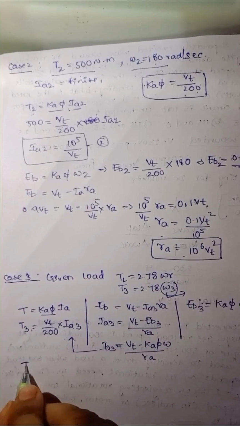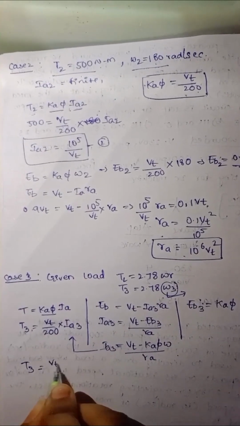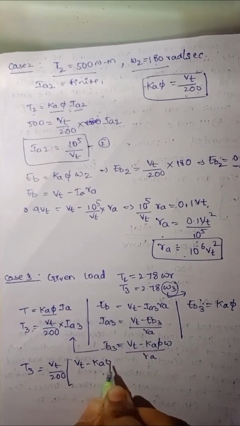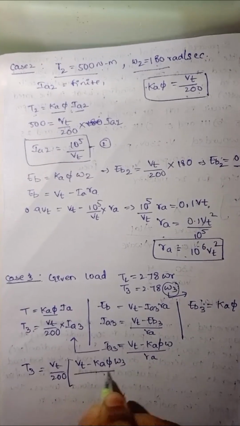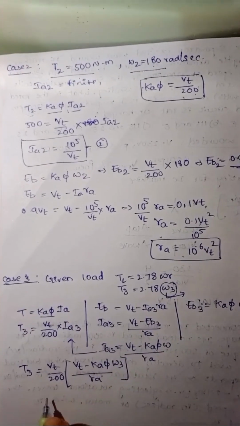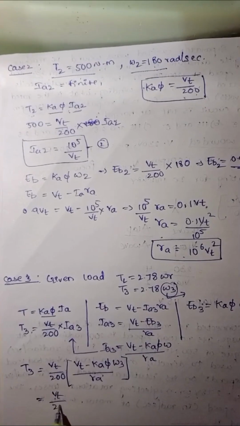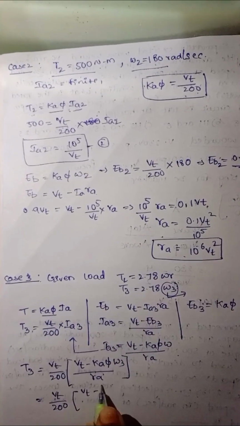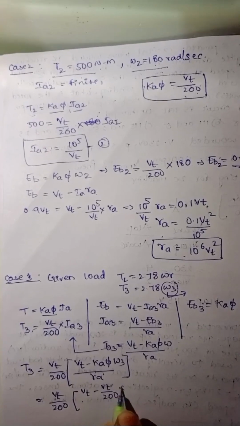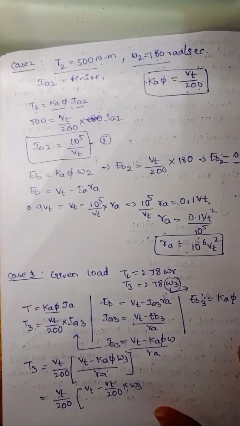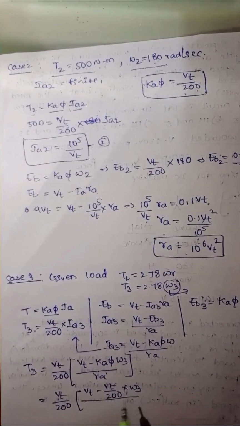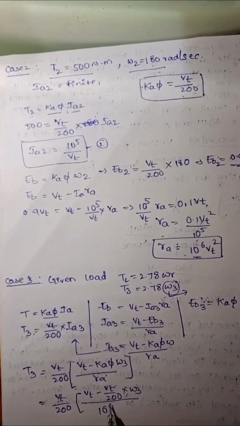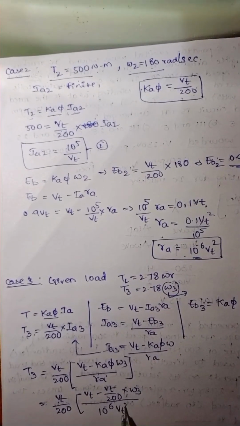Now T3 is equal to Vt by 200 into Vt minus Ka phi omega 3 by Ra, which is Vt by 200 into Vt minus Vt by 200 into omega 3, divided by Ra. We got Ra as 10 power minus 6 Vt square.